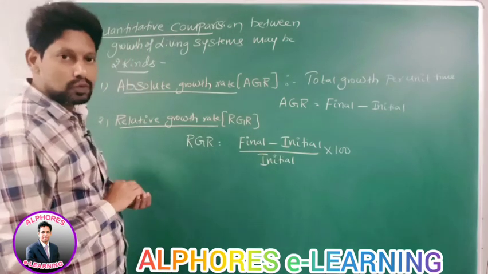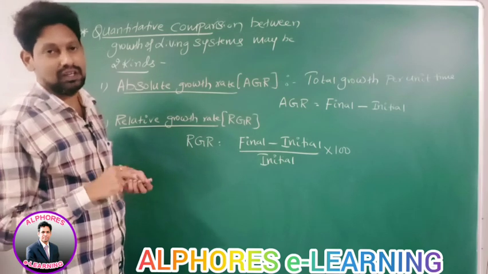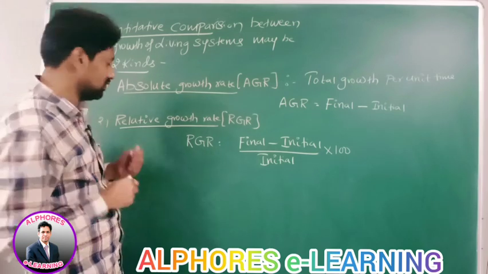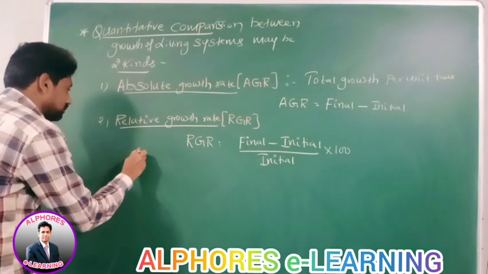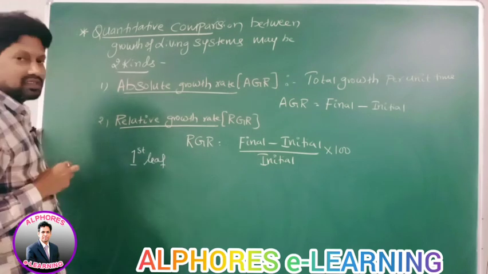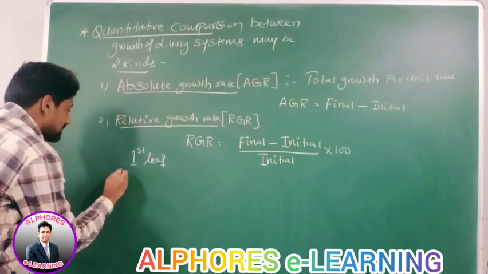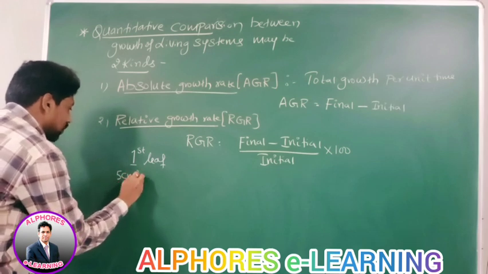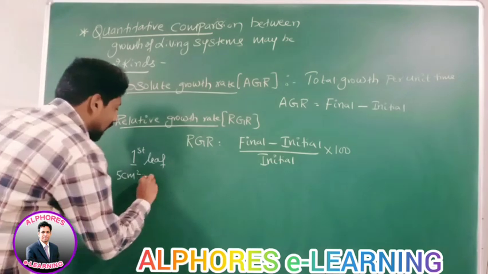In our textbook, two leaf diagrams are given. If you see the two leaf diagrams, in the first leaf, the initial size is given as 5 centimeter square.